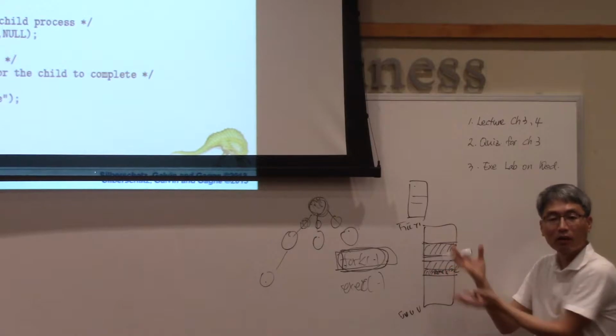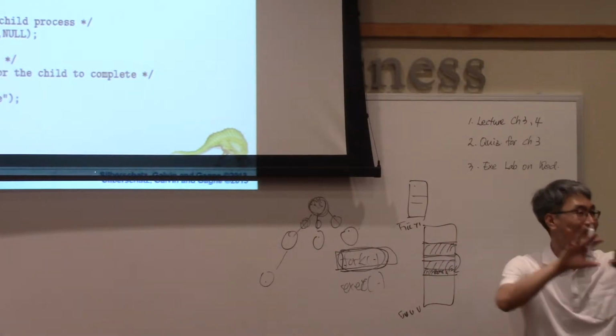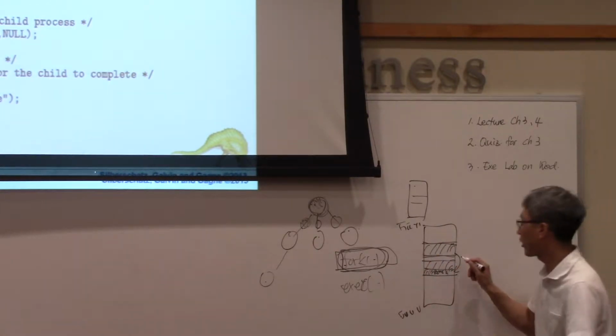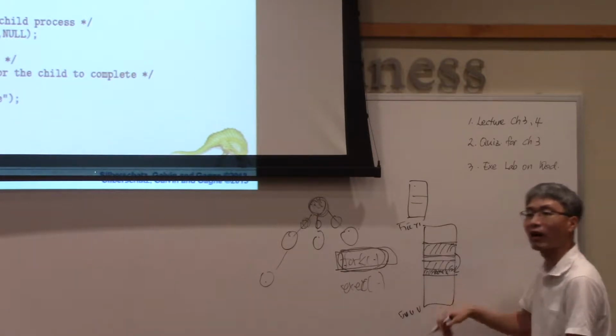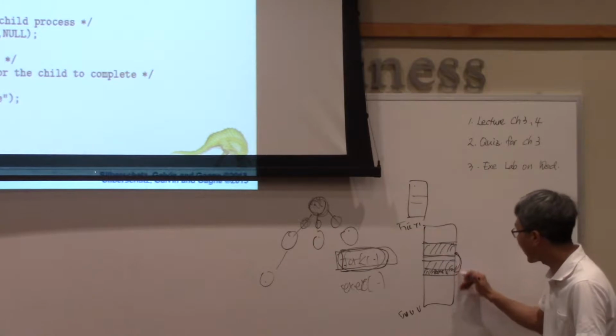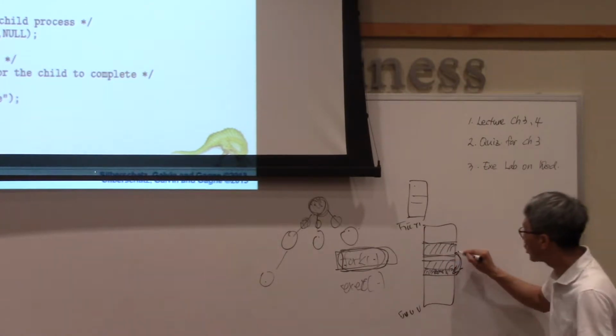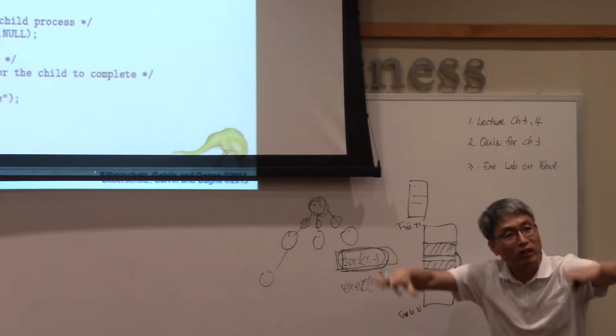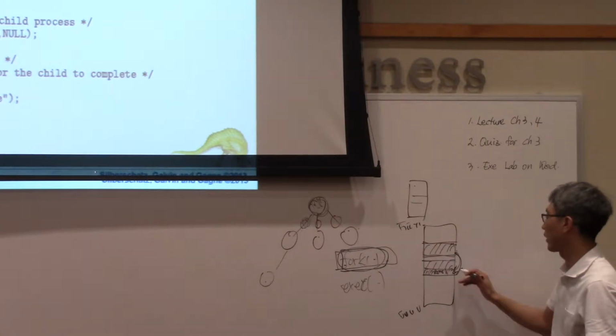The parent and child process are the same. They are sharing the same resource, same global variables, same code. But simultaneously, they will process their own code. I will explain in more detail.